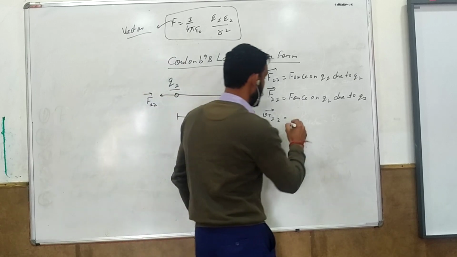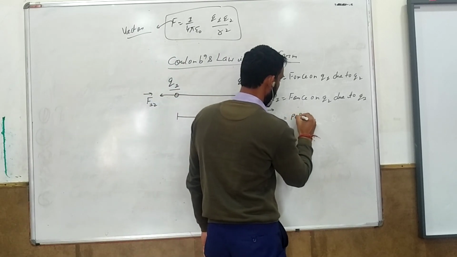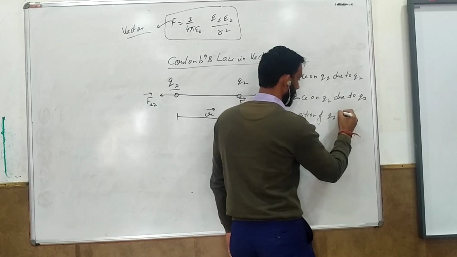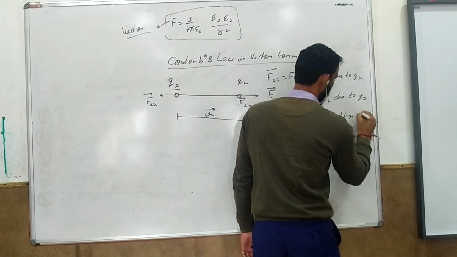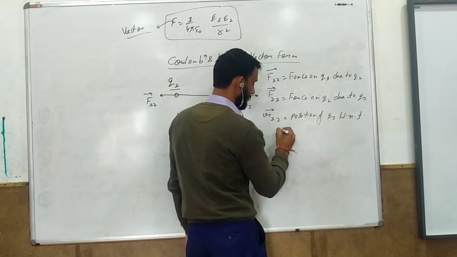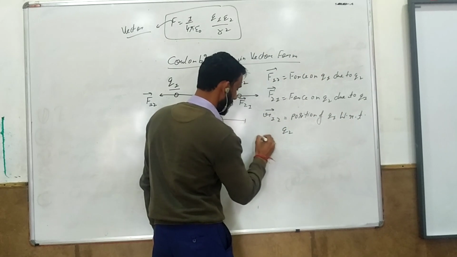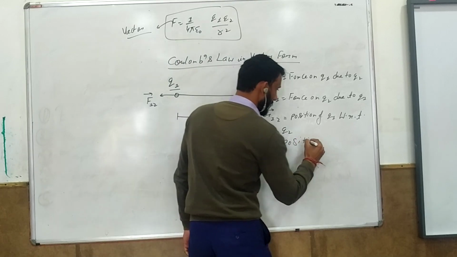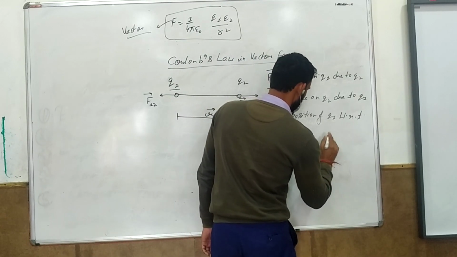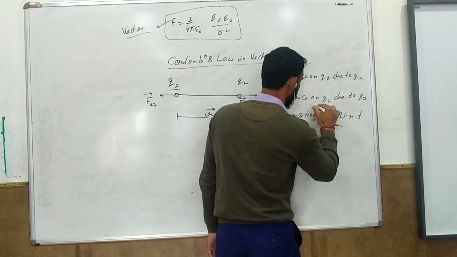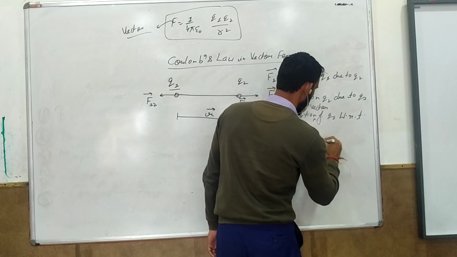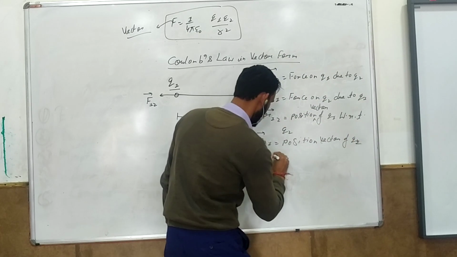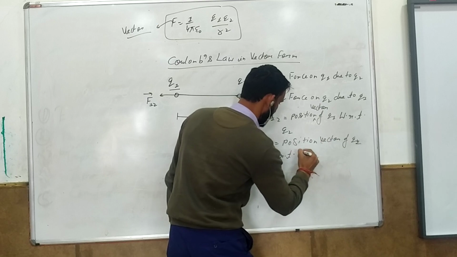So vector R12 I am taking as the position vector of Q1 with respect to Q2, and then R21 is equal to the position vector of Q2 with respect to Q1.